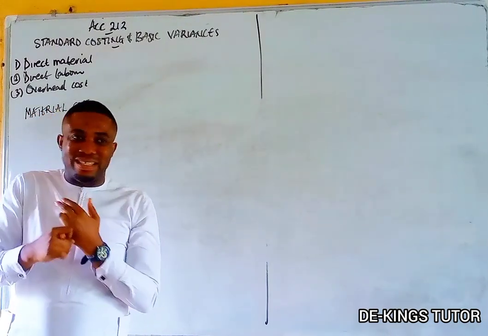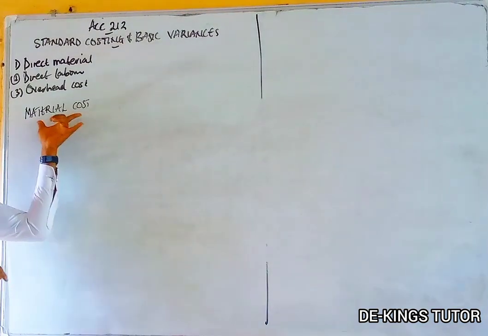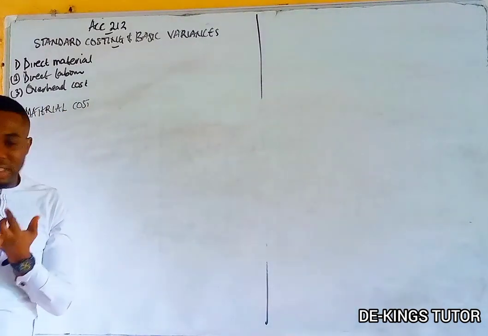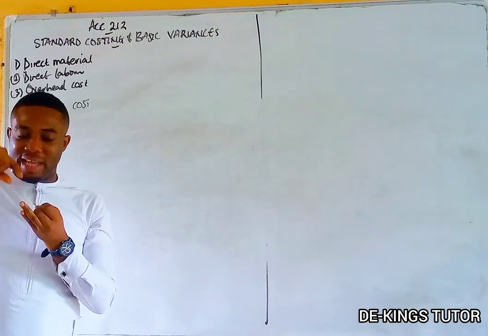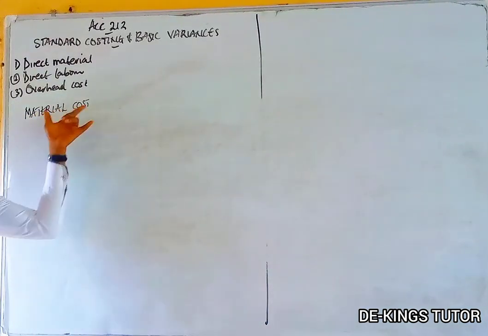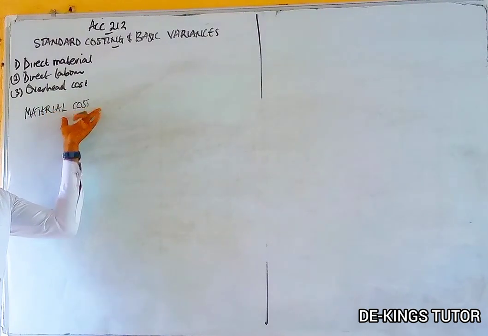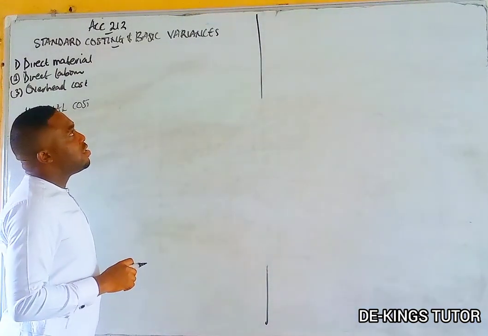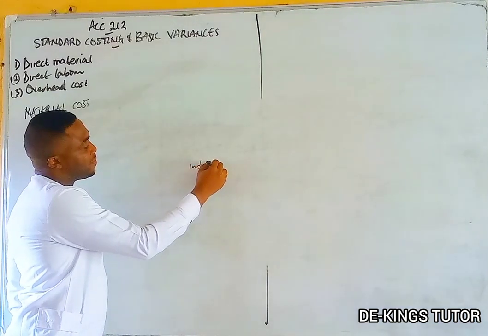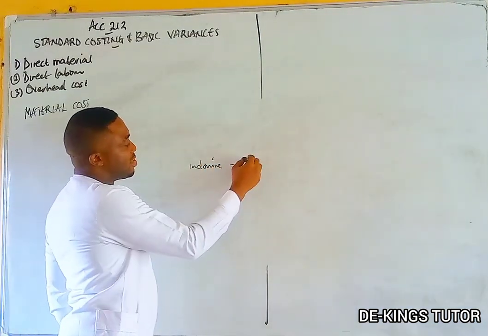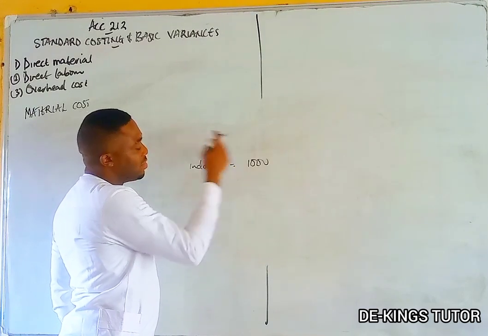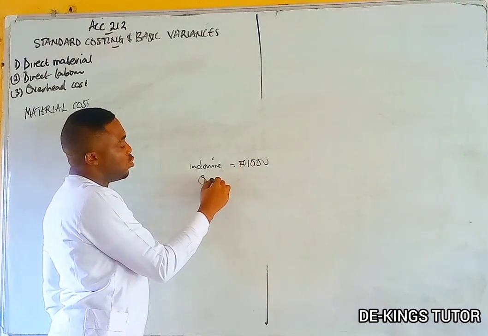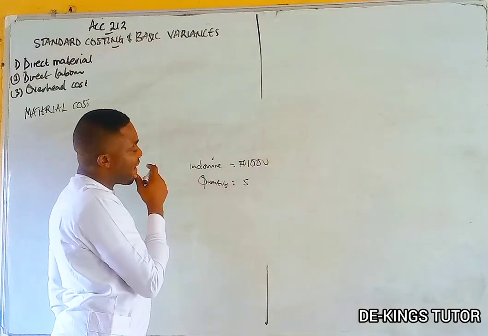How do they determine the cost of the material? It is the price and the quantity. The price and the quantity is what will give the cost. For instance, if Indomie is 1,000, is the price, and you bought 5, is the quantity.